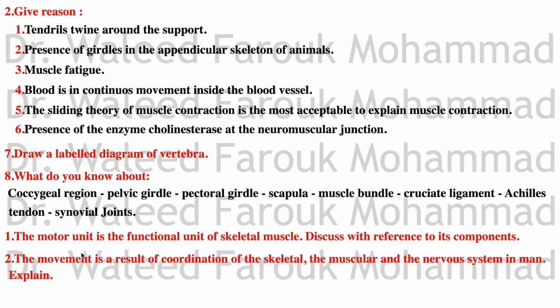Okay, he is asking about the motor unit, which is the functional unit of the skeletal muscle. We know the motor unit is the muscle with the nerve supplying the muscle. This is the motor unit, the muscle and its nerve supply. And you know that the nerve divides into nerve fibers, into branches when it enters the muscle.